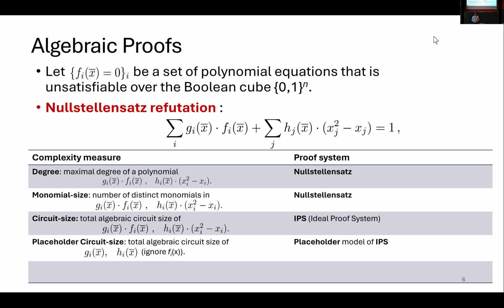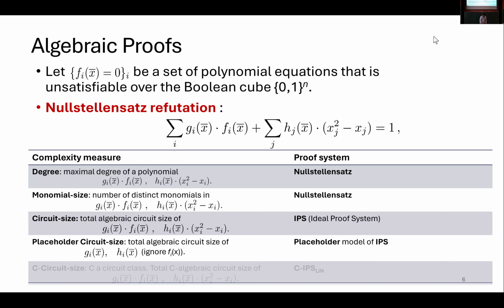I want to prove something very big, but because of the way it is defined, I can just consider the size of Gi, and it might be interesting to show that Gi might be small, although the axioms are big. It's not completely natural in Frege, but it is natural in this setting. And indeed, this was exploited in the original work.